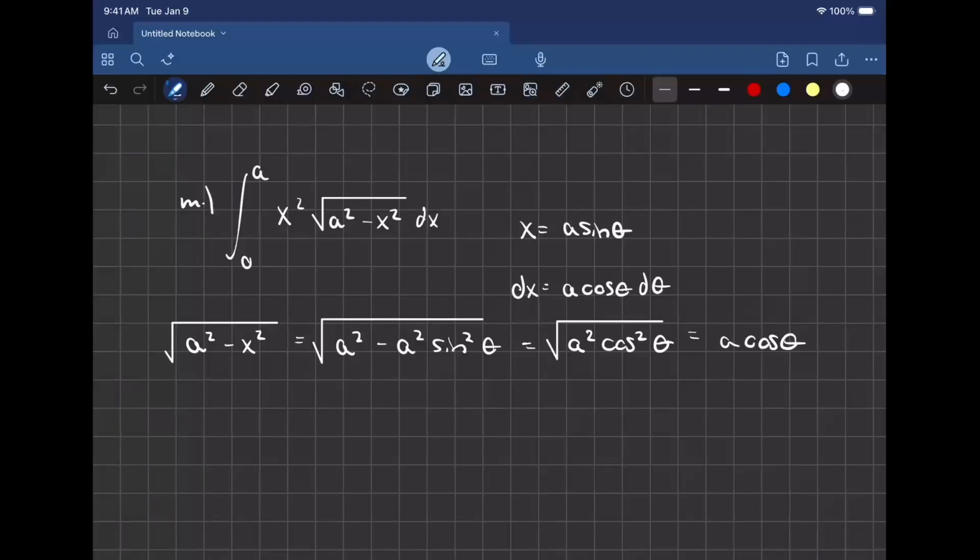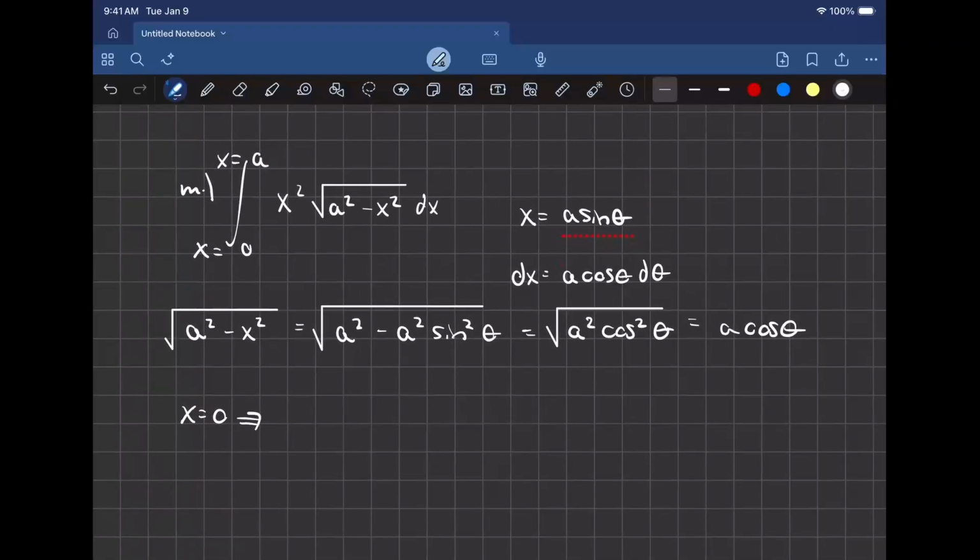All right, and let's look at our bounds. So we're going initially from x equals 0 to x equals a. Now we're going to go in terms of theta. So when x equals 0, this means x equals a sine theta, divide by a on both sides.